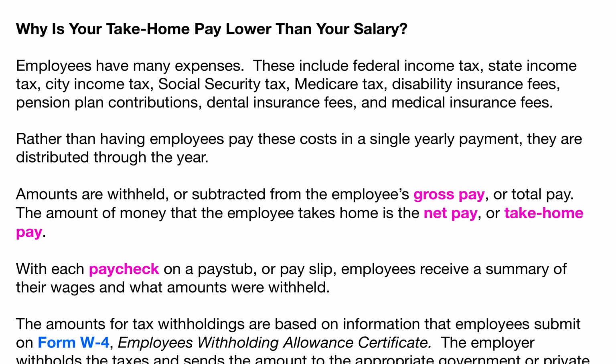Now, when you get a paycheck or a pay stub, you will also receive a summary of not just your wages, but also the amounts that are withheld, and they will be itemized. So you'll know exactly what's being taken out.